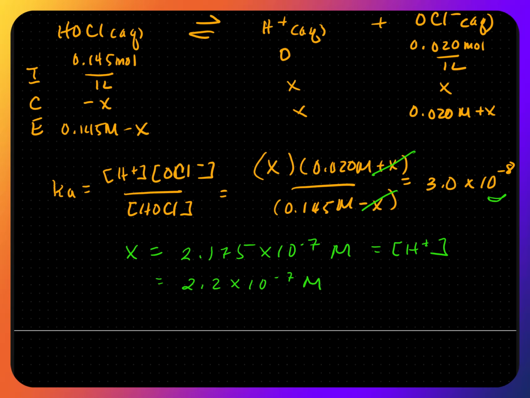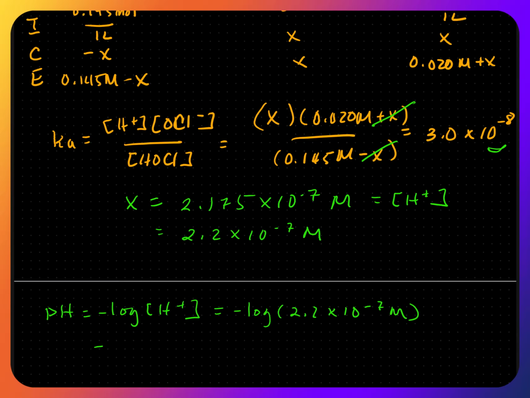I need to find the pH. pH is equal to negative log of H plus. So this is negative log of 2.2 times 10 to the negative 7th molar, which equals 6.66 with correct sig figs. This is the pH of the buffer solution.